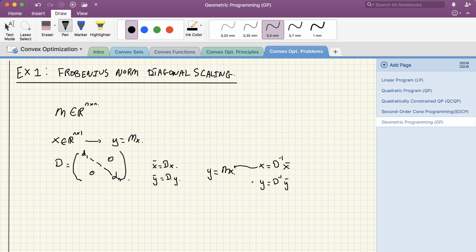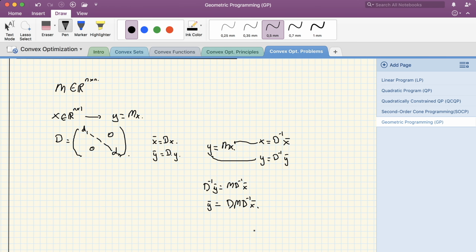Placing those two here, I get D inverse times y bar is M D inverse times x bar. Now multiply by D on both sides, I get y bar is D M D inverse x bar, right?